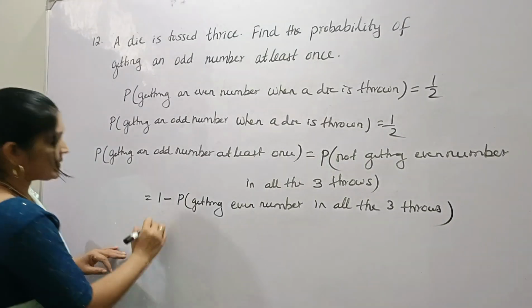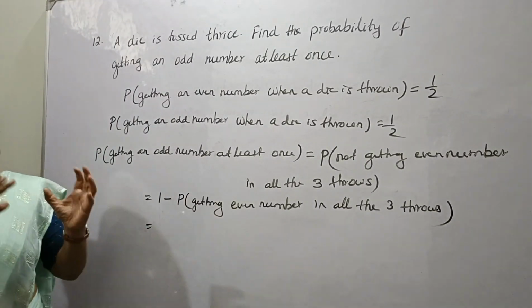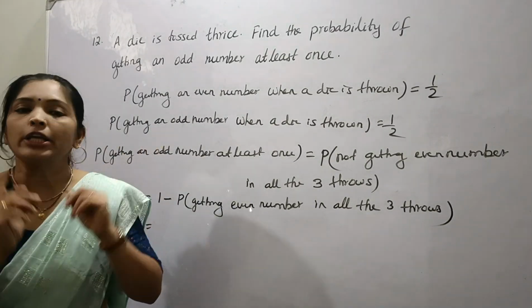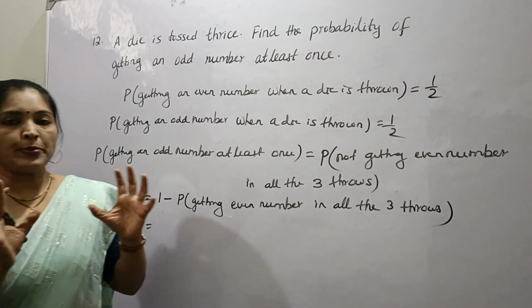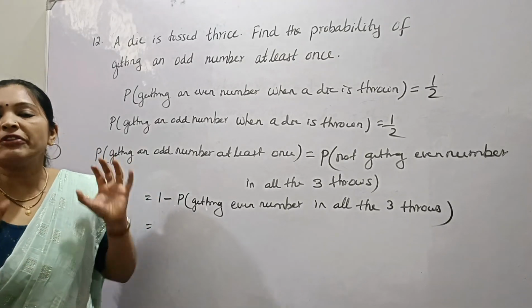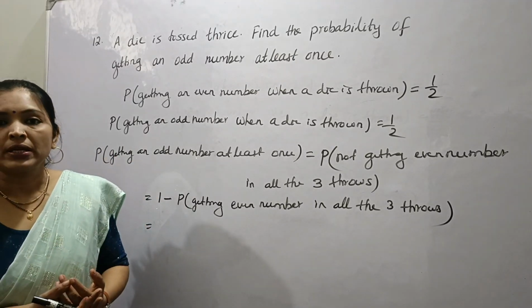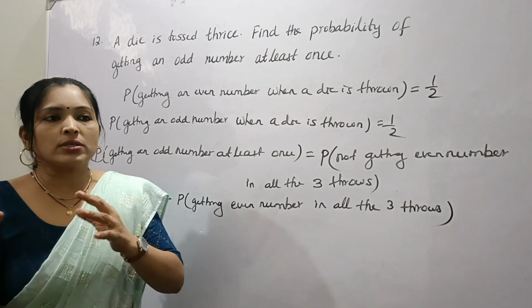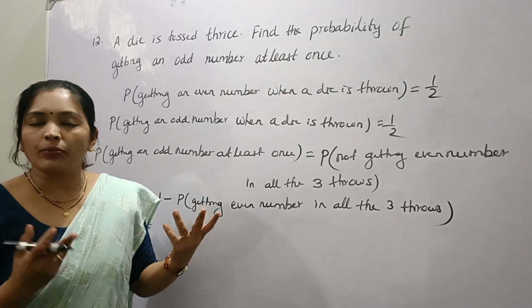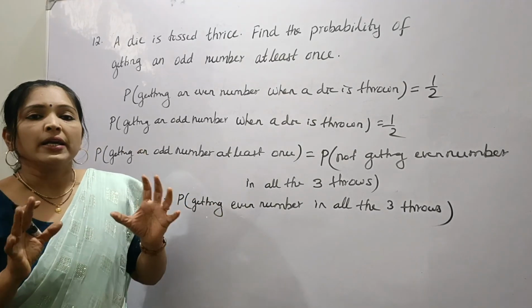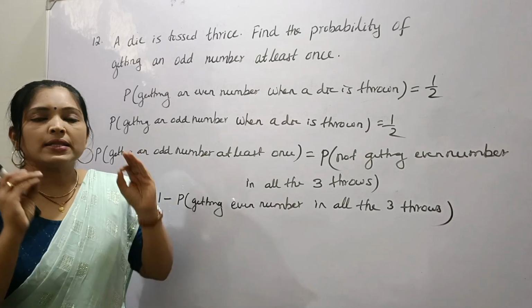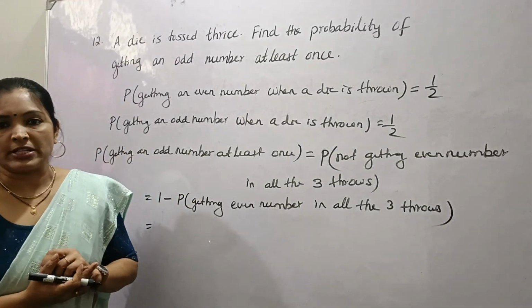Okay, that is equal to, see how to find getting an even number in all the 3 throws. Okay, that means first throw even number. So what is the probability? Here, in all the throws, there is no replacing or without replacing, nothing at all. But here we can understand, see, these events are independent events.